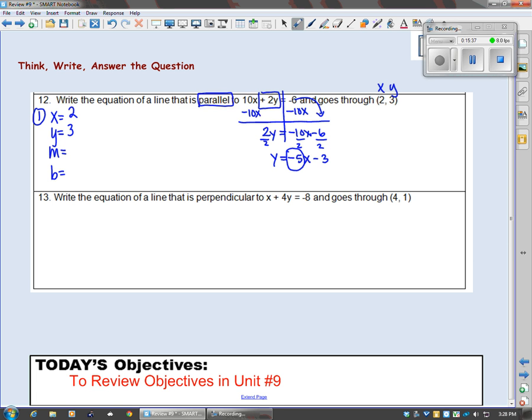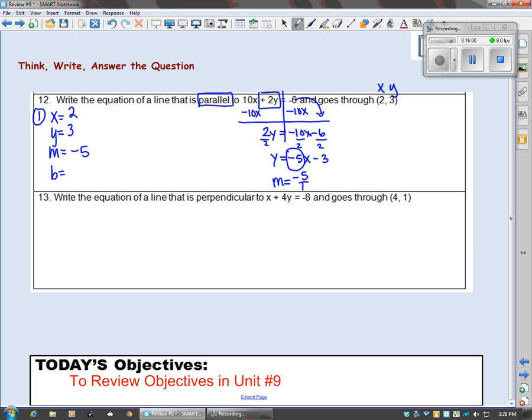Yesterday I had some of y'all trying to mess with the y-intercept. I only need the slope out of this equation. The slope out of this equation is negative 5 over 1, or negative 5. Parallel. You need to be thinking to yourself, parallel lines have the same slope.